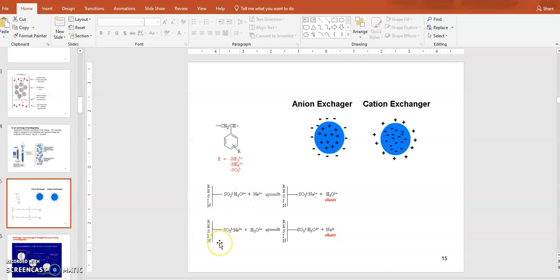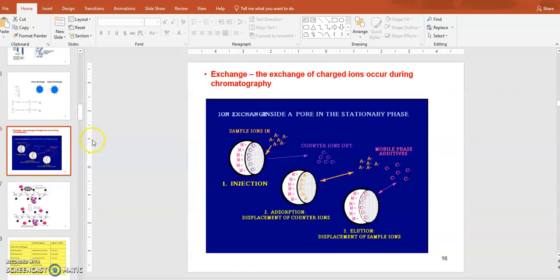And so yeah, the elution will be done by challenging the interaction with high salt, and the high salt will bump off the bound molecules. So the resin will have all these charged ions in them to attract oppositely charged molecules.